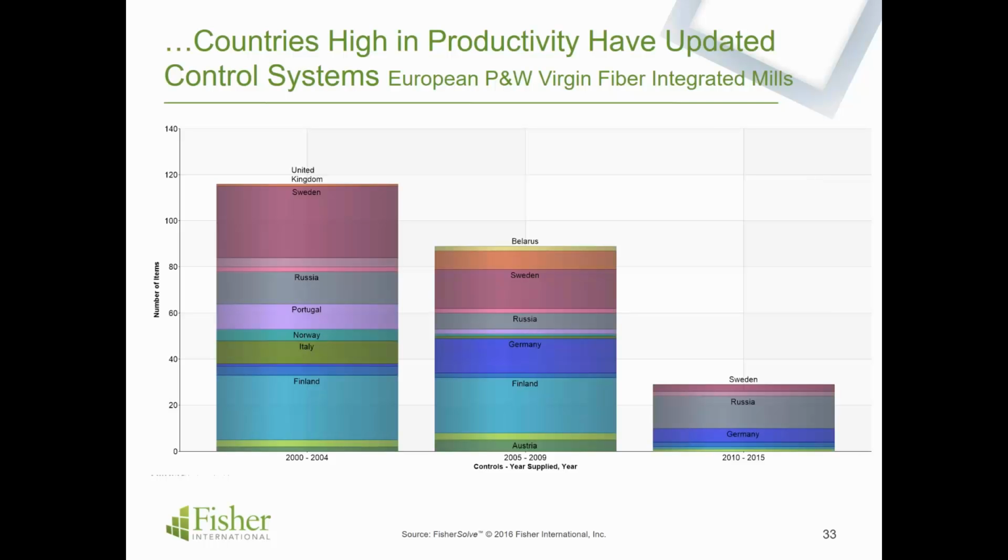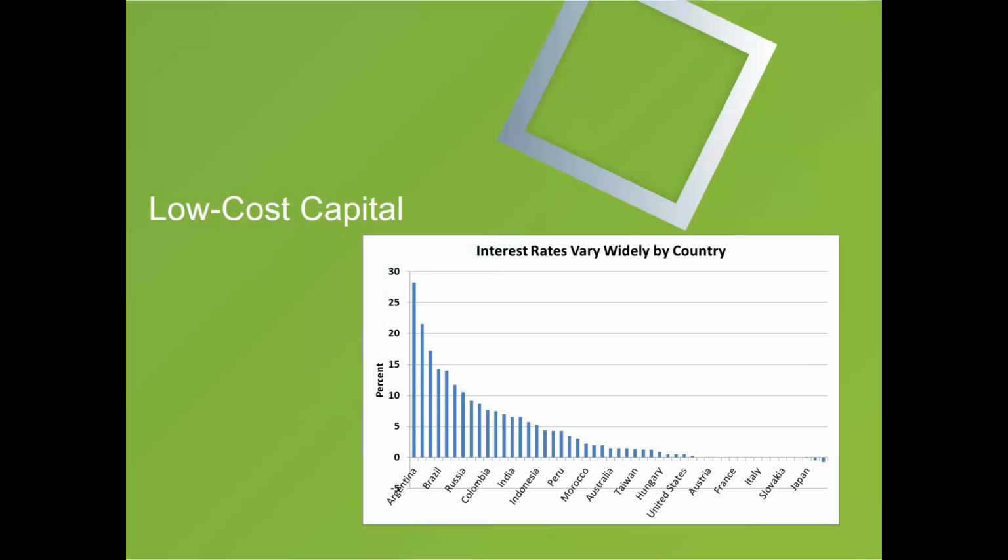We can see that those countries that are high on the productivity list have recently rebuilt their control systems, and this makes sense. You have a new automation system and your productivity improves. So these kinds of conclusions you can draw from the data.